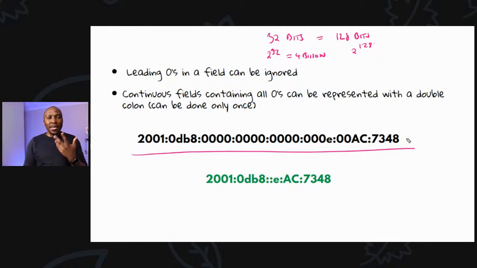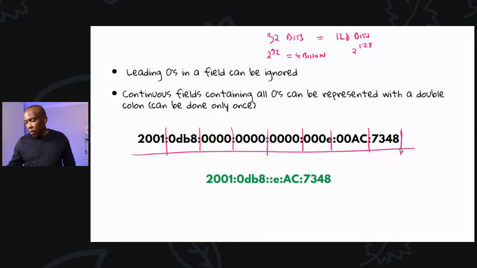And what does it mean, the leading zeros? The IPv6 address is broken into fields, so you've got this IPv6 address. When we say that we can ignore the leading zeros, it means that this 0 can be ignored.